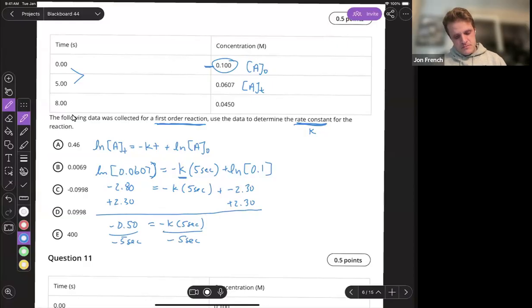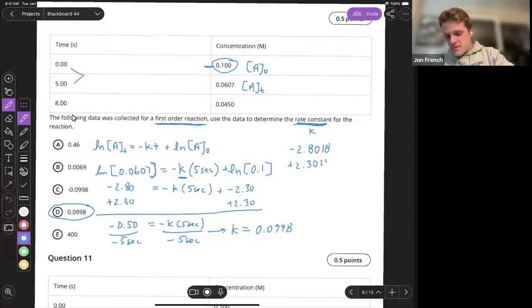And hopefully, oh, it's going to be close to 1. I wonder why I got 0.00998. I'm going to say it's probably because based on how I rounded this, I'm dropping something. Because we really have minus 2.8018, and then I add to that 2.3025.